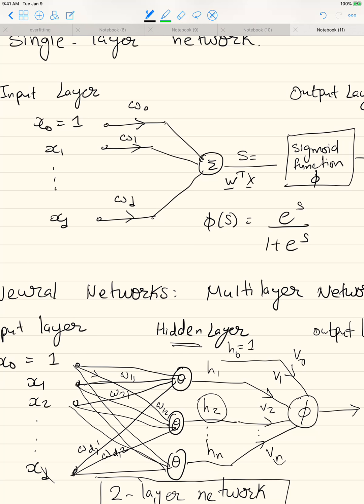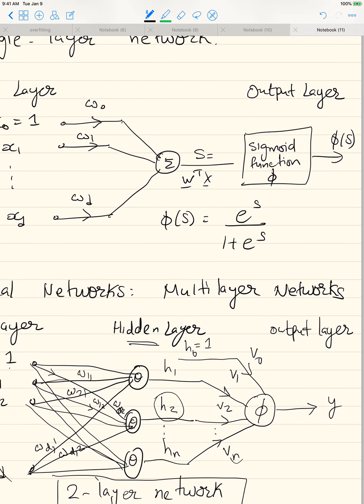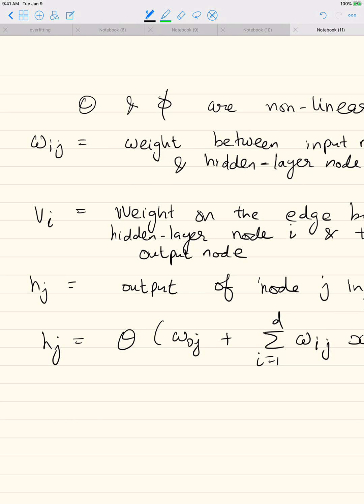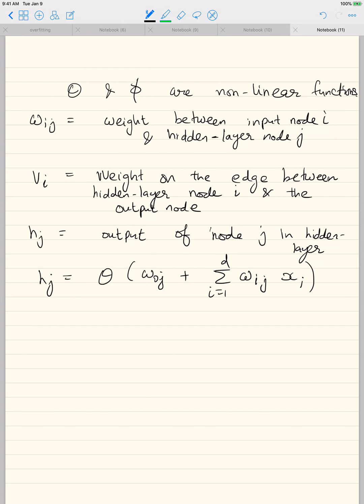And we have the input is x0 equals, sorry, this will be W02. The input is x0 equals 1. This one here will be W12 and so on. And we'll take the weighted sum of all the edges. So you multiply the input value with the value of the weight, take the sum, and then apply this nonlinear function theta to it. So this is how the relationship works.